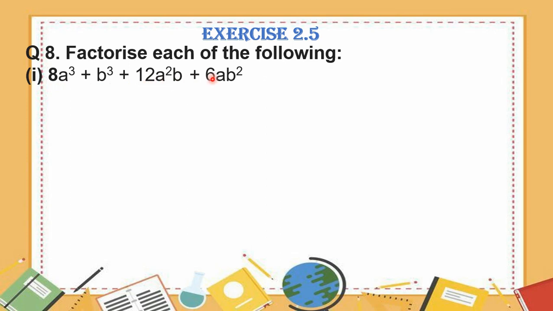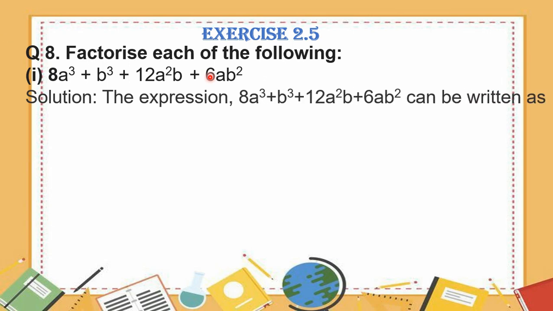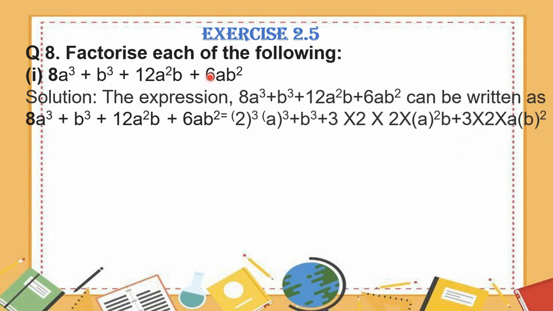And 6 can be written as 2 into 3. So let us express the given polynomial as 2 cube a cube plus b cube plus 3 into 2 into 2 into a square b plus 3 into 2 into a b square.